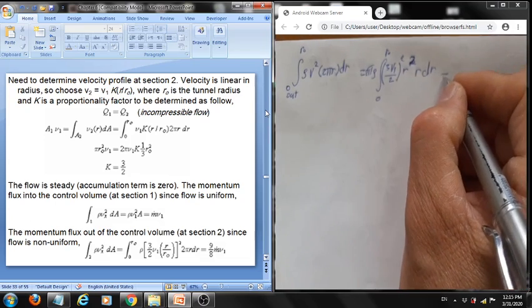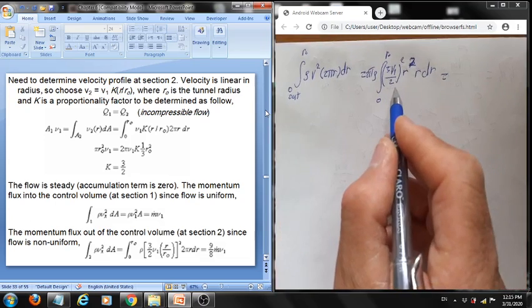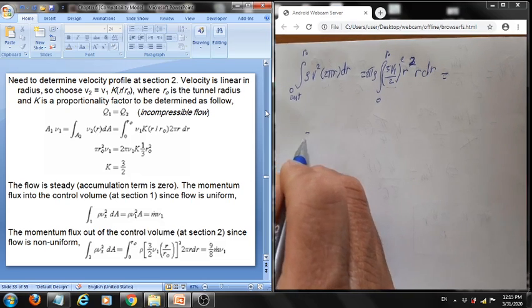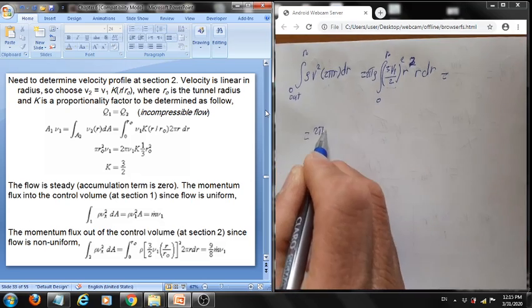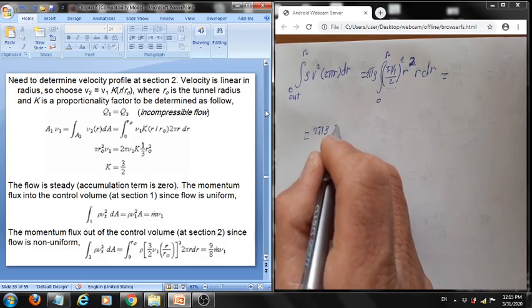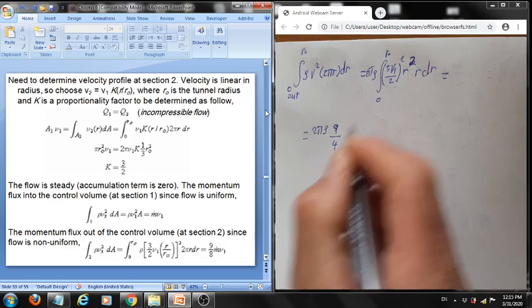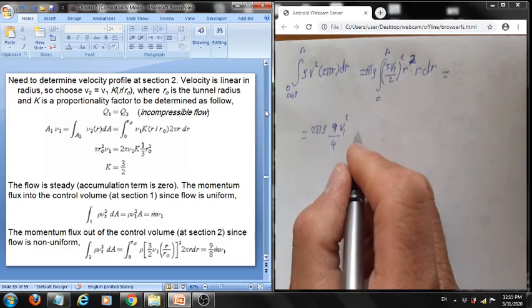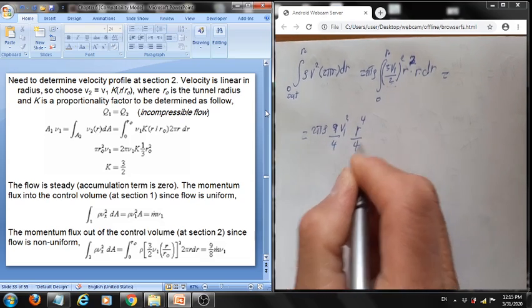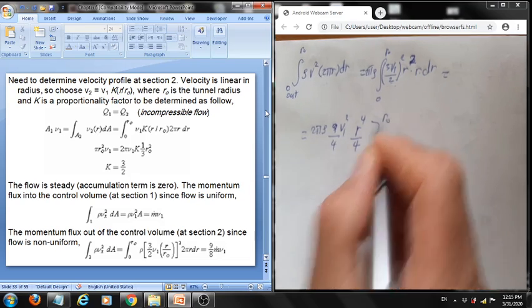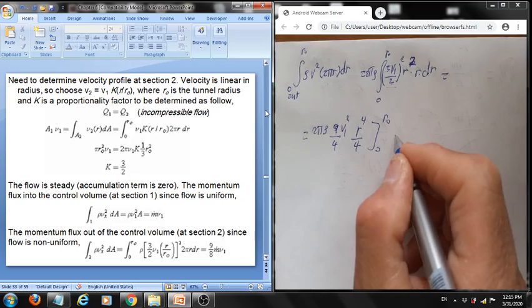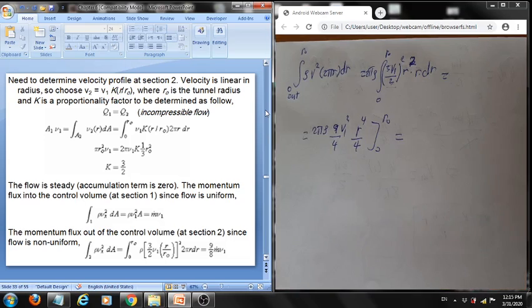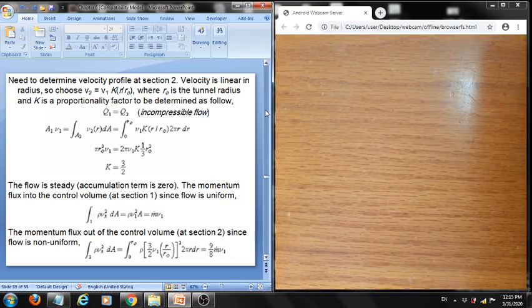Okay, again we realize that this is constant, so it will become equal to 2 pi rho multiplied by 9/4 because it's squared, multiplied by V1 squared, r cubed integration, so it will become r to the 4th over 4 as r varies from this value. So again, for this integration, I believe I have substituted for the velocity wrong. Let's see if we can go back to it again.